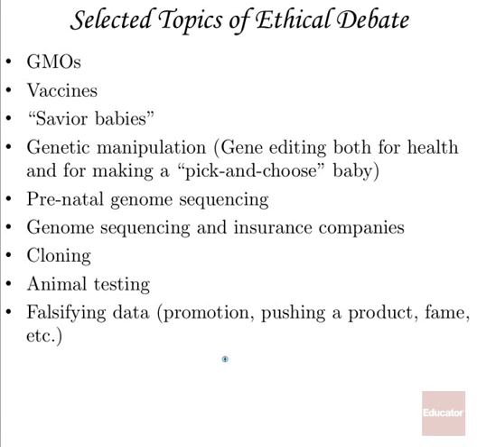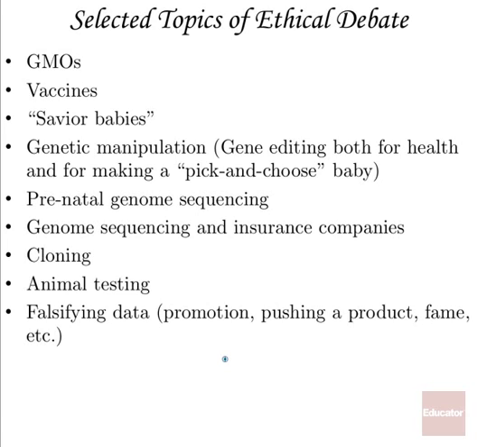Sometimes a couple will have another baby that was basically meant to be an organ farm for the treatment of the first child. So the second baby was born so that it can give a kidney transplant to the first child who was sick. Okay? There's always going to be ethical debate over that.